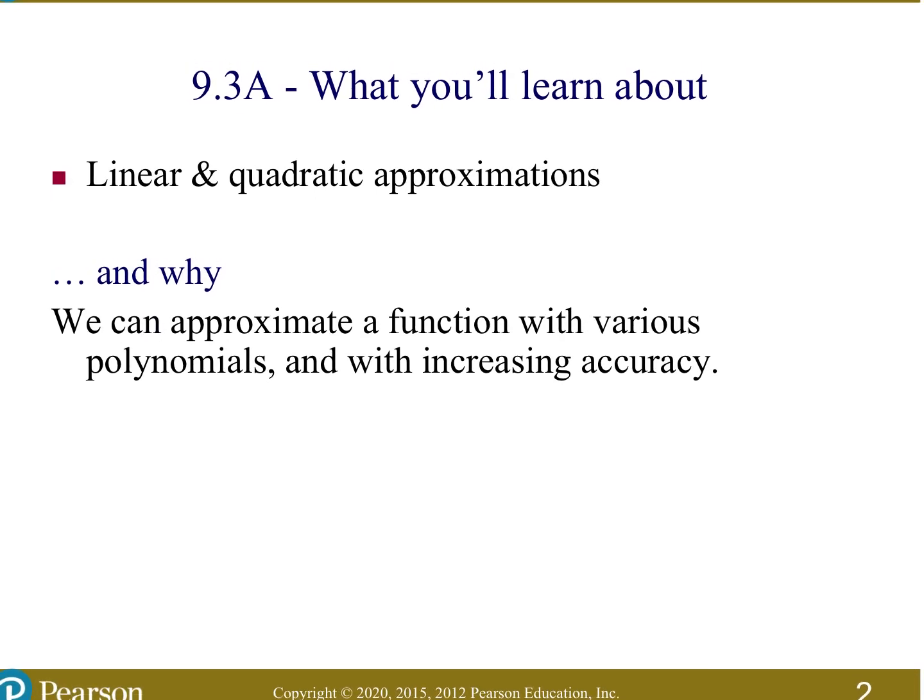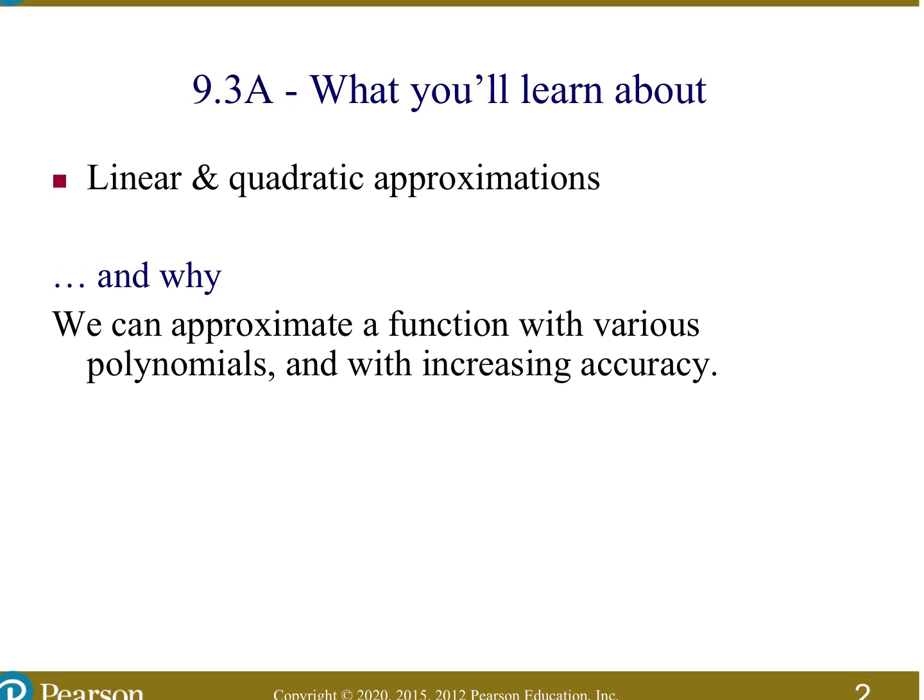What we want to start with is finishing with the idea of an approximation. We started calculus this way with approximating slope, and we approximated slope by doing y2 minus y1, and we made our approximations more and more accurate.